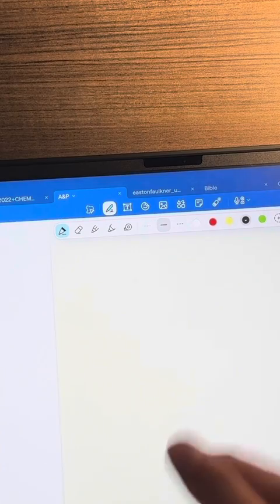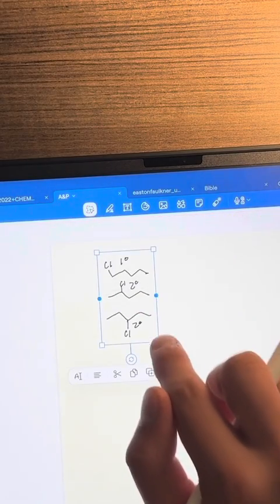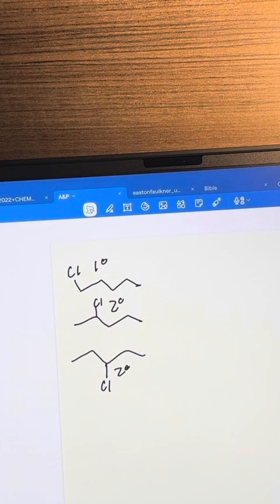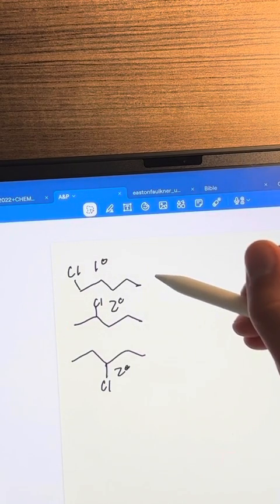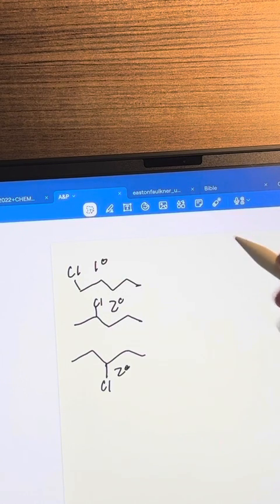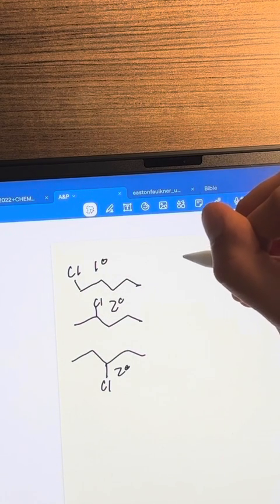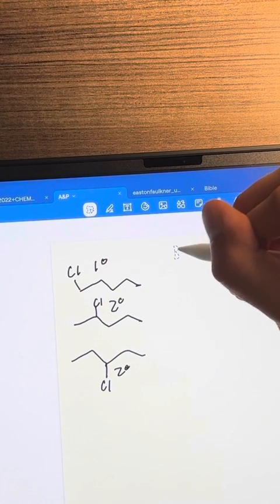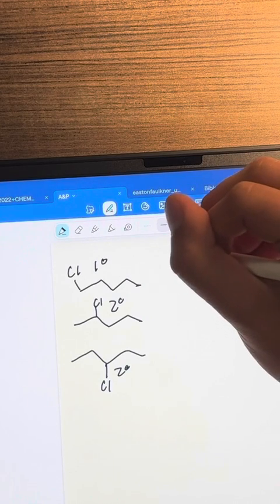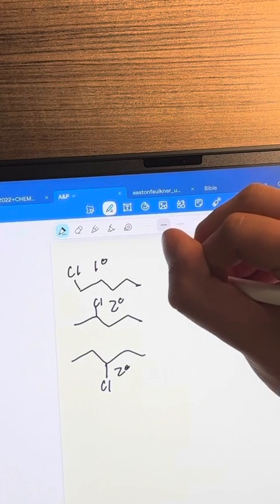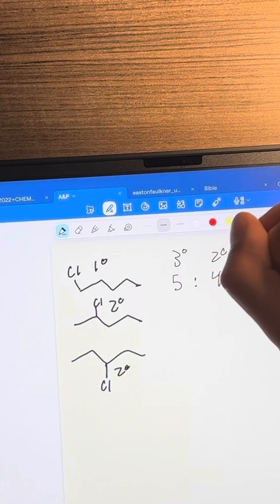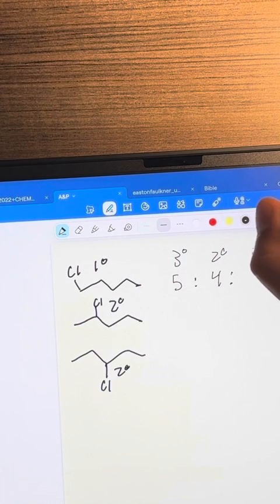So at the very end, we're left with our 3 products, the products that we were going for. They often appear in different amounts because, as we can see here, this is a primary halogen, secondary and secondary. And we know from chlorine that there is a little bit of preference given to these, that tertiary products have a 5 abundance compared to secondary with a 4 abundance, and primary with a 1 abundance.